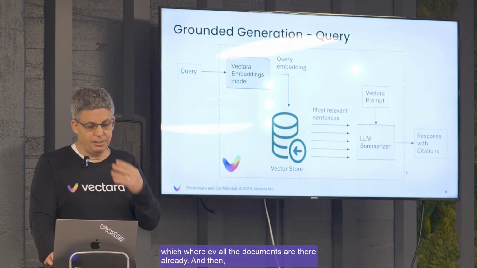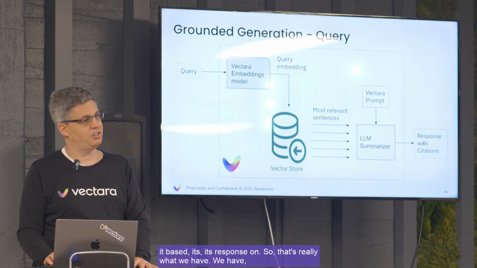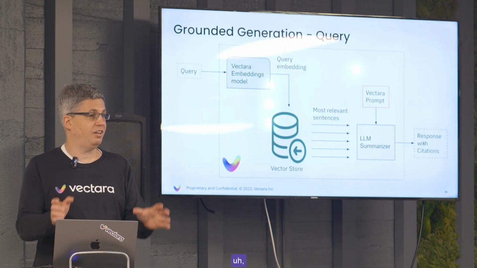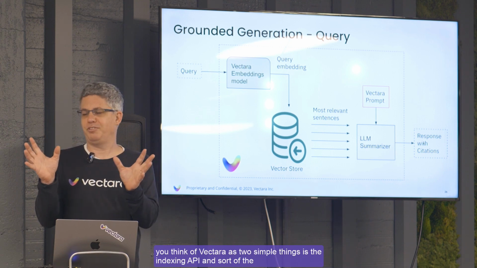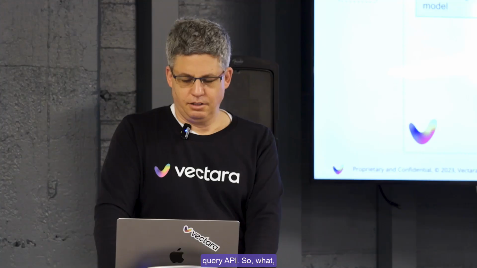Then the most relevant sentences or chunks of text for the query come to the summarizer with a special prompt we put in there, and you get a response with citations of the relevant documents it based its response on. So you can think of Vectara as two simple things: the indexing API and the query API.